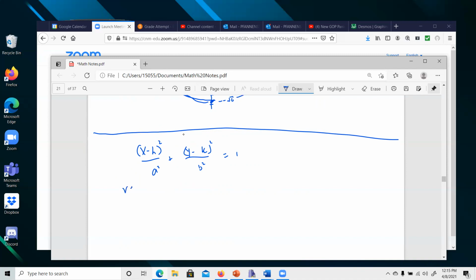We have vertices at (5, 2) and (-5, 2), and foci are at (square root of 6, 2) and (negative square root of 6, 2). So notice my x values are very symmetric.